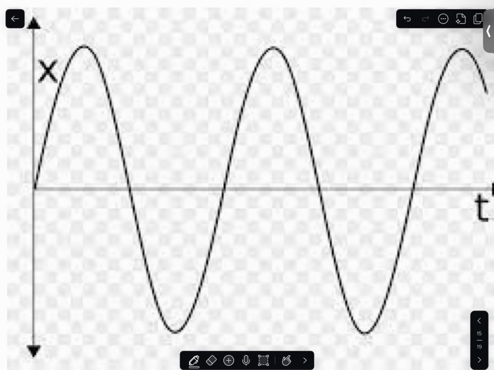So if position is a sine, velocity is a cosine, and acceleration is a negative sine. Negative sine starts at zero, has zeros where positive sine has zeros, and has negatives where sine has positives, and positives where sine has negatives, okay?